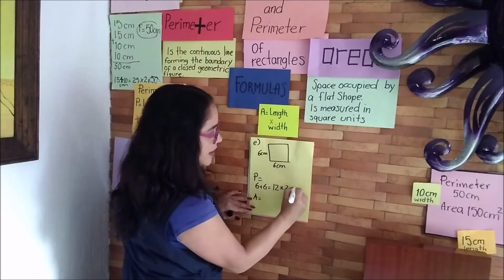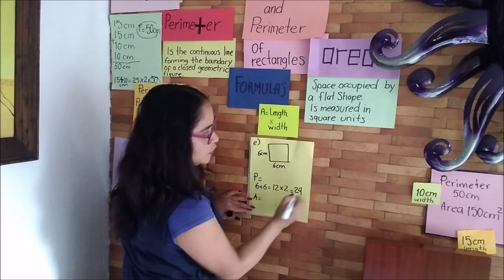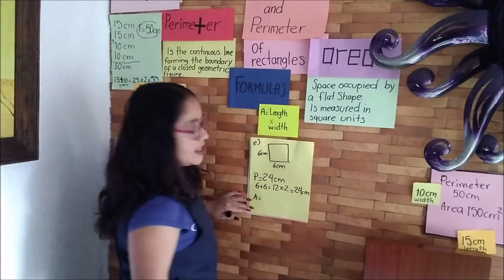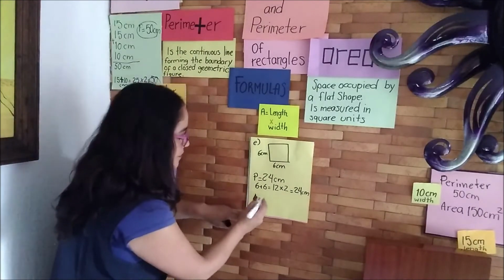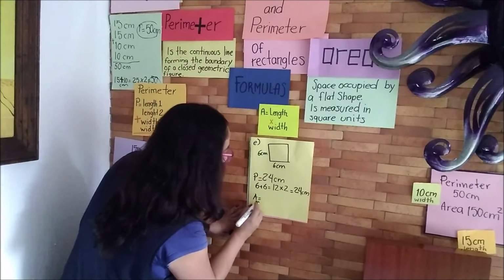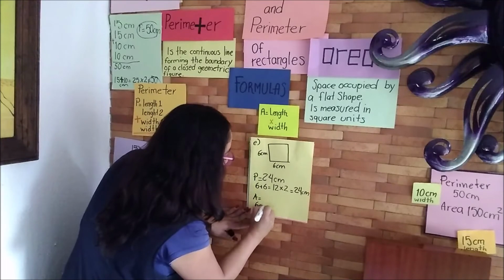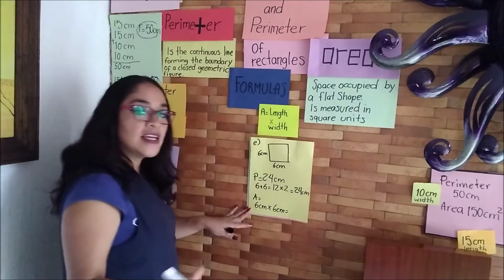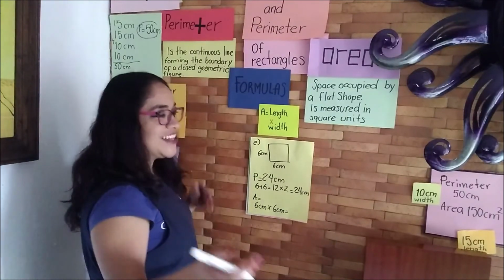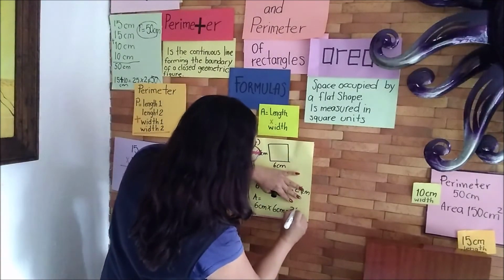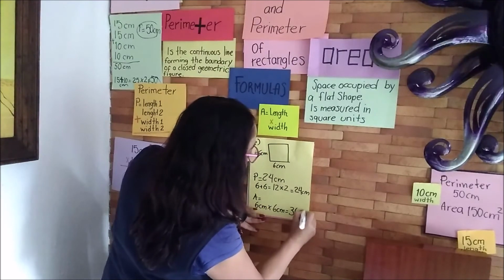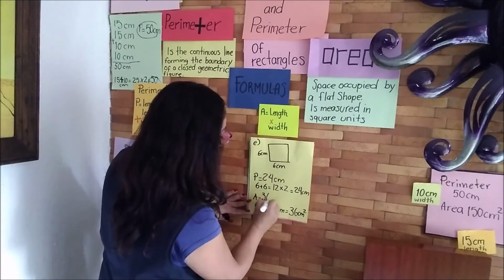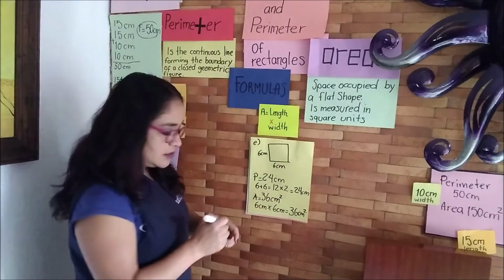So our perimeter is going to be 24 centimeters. And well, to finish this, we're going to multiply 6 centimeters by 6 centimeters, and 6 times 6 is 36 centimeters squared. So our area is 36 centimeters squared.